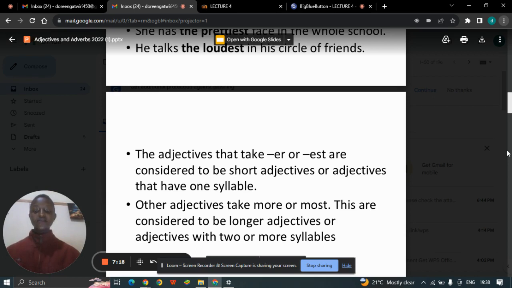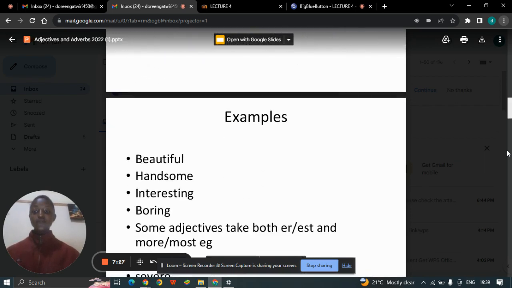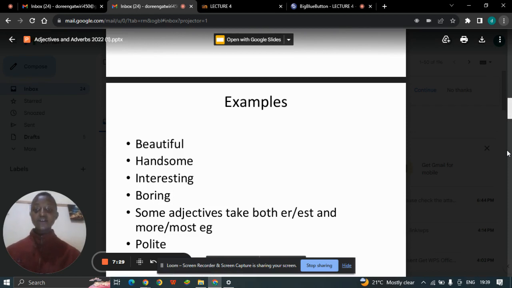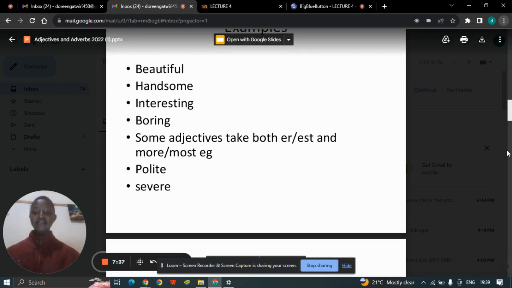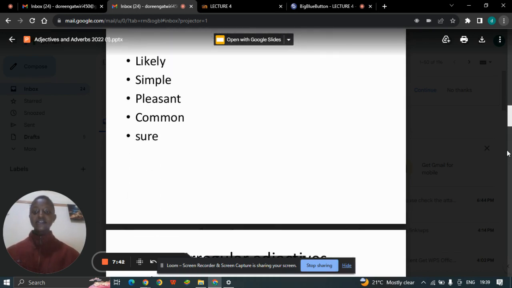These are considered to be longer adjectives, with two or more syllables. For example, you have beautiful, handsome, interesting, boring. Some adjectives take both the suffix -er or -est and more or most, e.g., polite, severe, likely, simple, pleasant, common, sure.